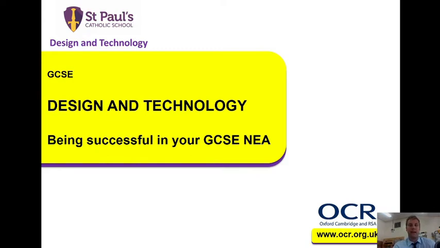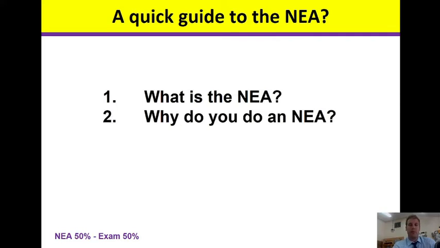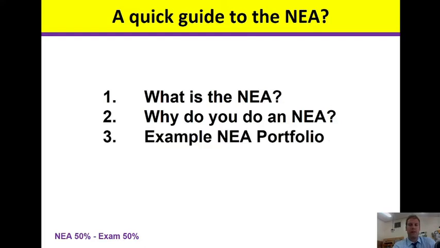The NEA allows students the opportunity to focus on a specific material area. I'm here to give you a brief overview of the NEA, what it is, why you need to do it, as well as a quick look at what a typical NEA portfolio might look like.